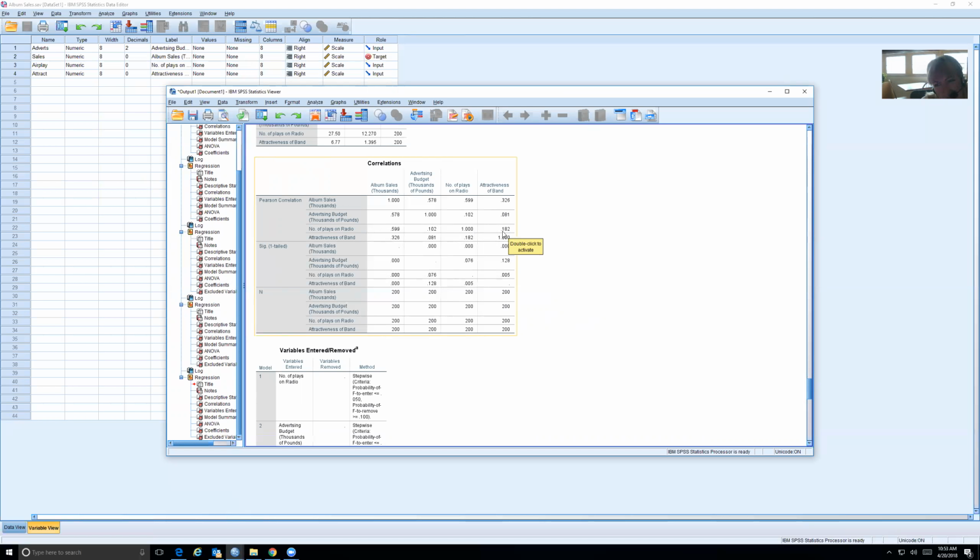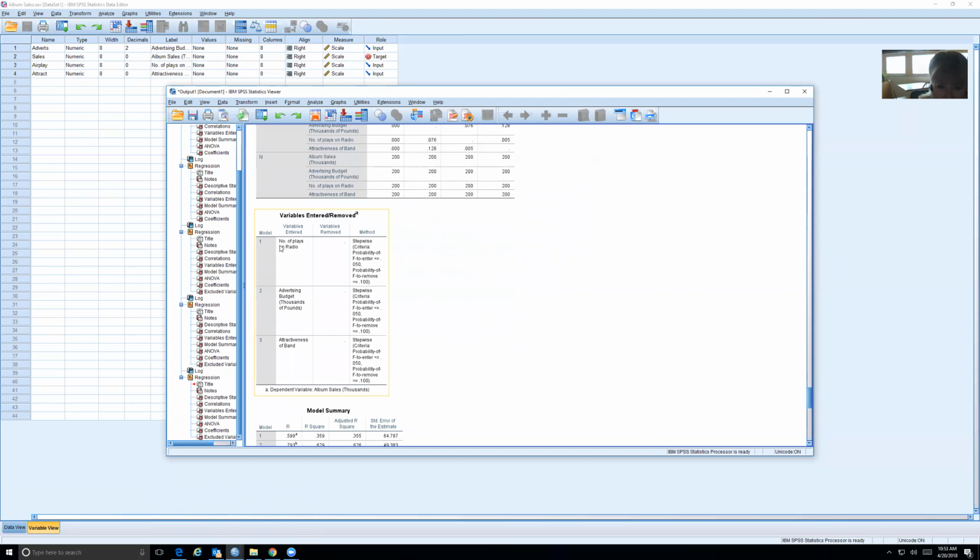So when we talk about attractiveness of the band and number of plays on the radio as two ways of predicting album sales, we have to remember there's a little bit of overlap between the two also because they are correlated. So in stepwise, SPSS grabs the highest correlation. Right here it starts with number of plays on the radio, and it puts that in first.